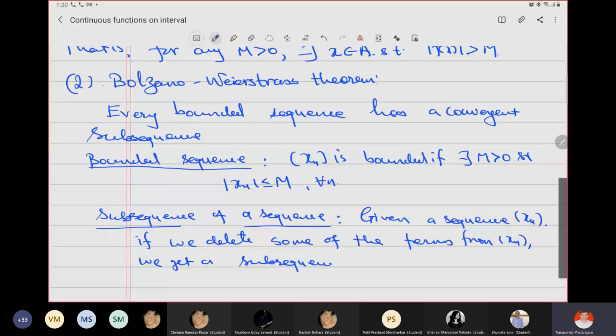Just delete some terms of the sequence, whatever remains is a subsequence. If you delete the third term, then the fourth term gets shifted to third place. That means the position changes, right?